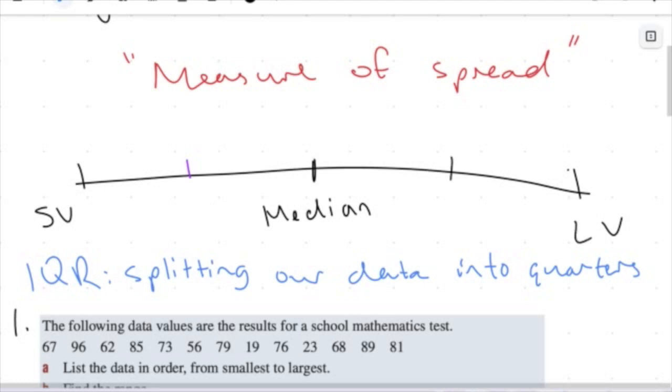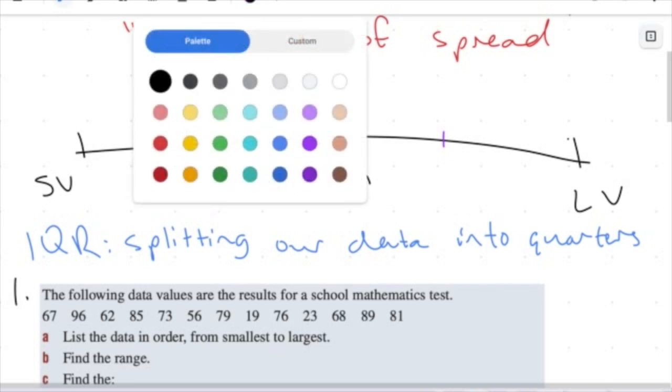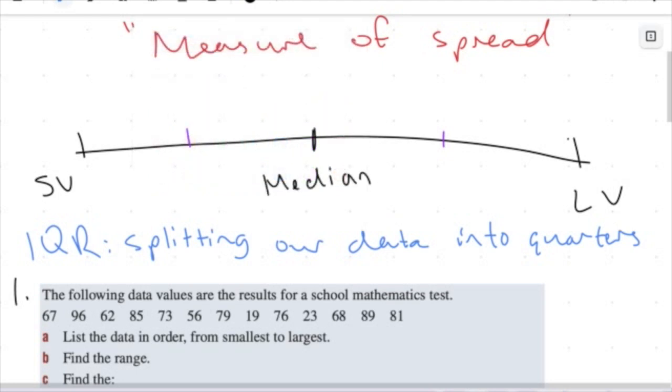We also want to split this, let's do that in the same color, in half. And we have special names for these particular sections. You may notice this is the middle of our lower end of the data.